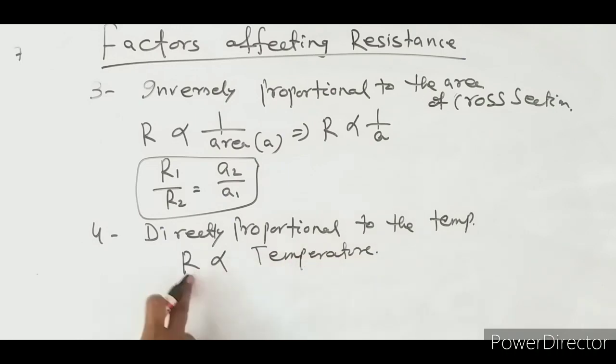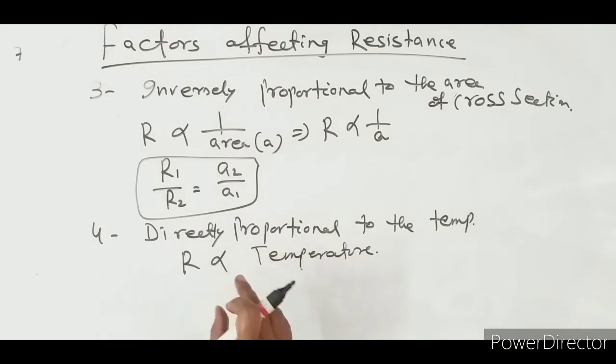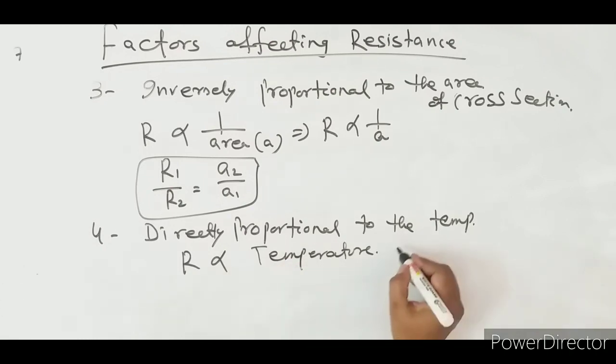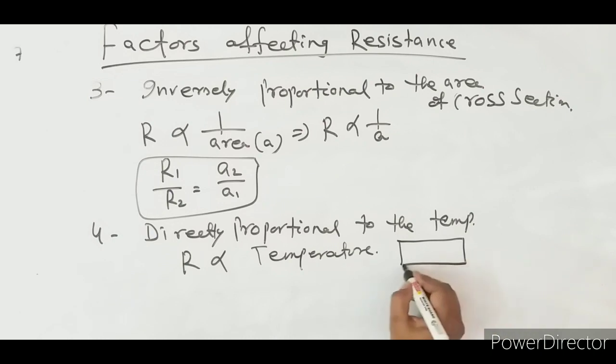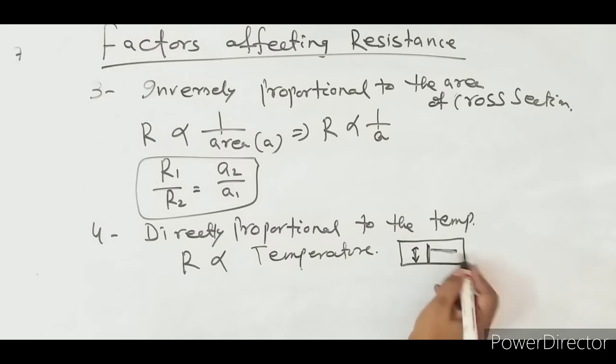The more the temperature, the more the resistance. Clear? So what happens? One simple concept here: when the temperature is more, if I am taking this conductor, temperature more, obviously the kinetic energy of these particles will be more or not. So when the kinetic energy of the particles is more, vibration is more, obviously therefore more resistance to the flow of this current, the flow of these electrons.